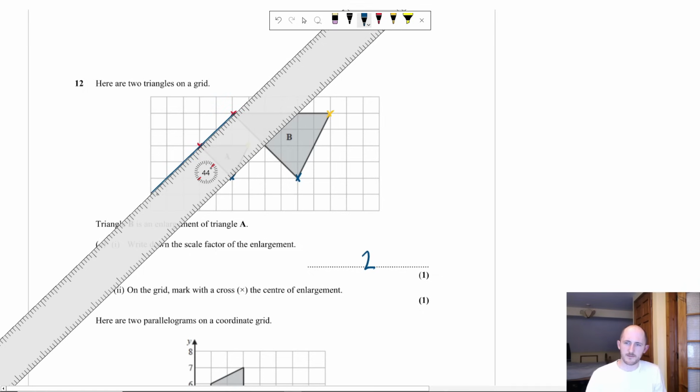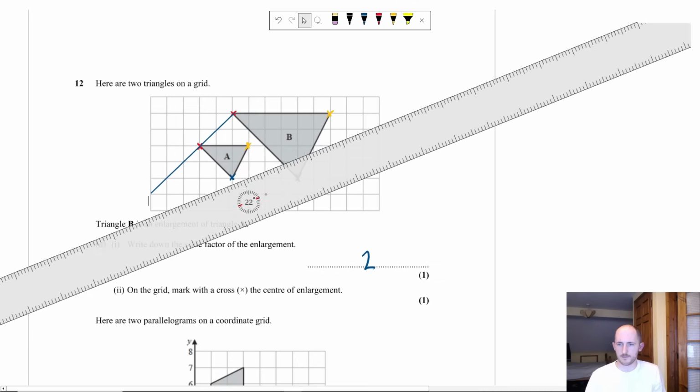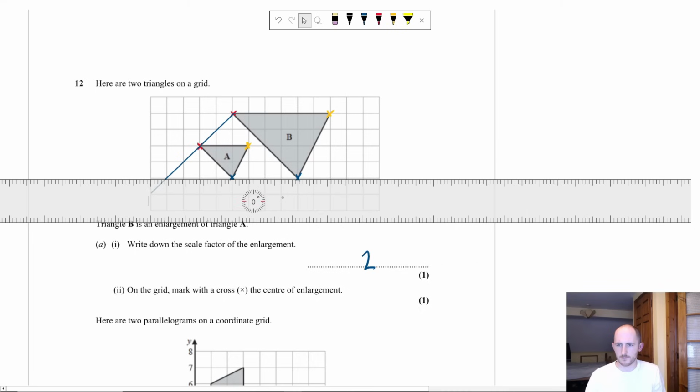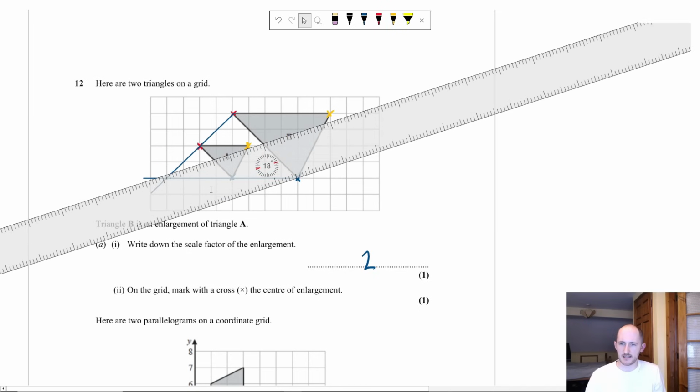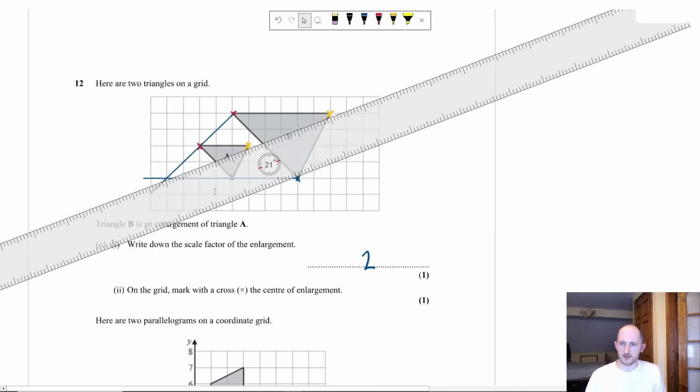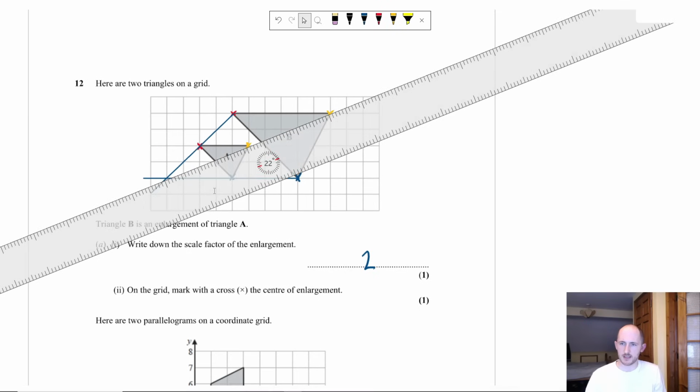So a nice straight line. That's going to be quite easy. It's just a flat line. And where they all cross, where they all intersect, that is your centre of enlargement.